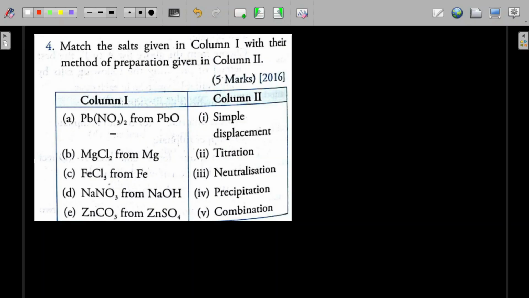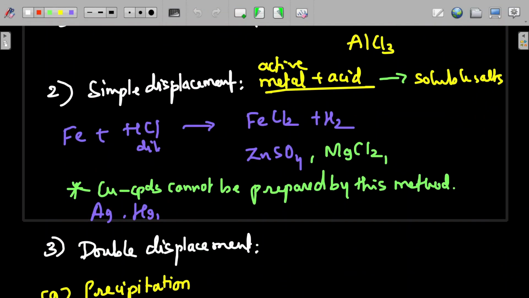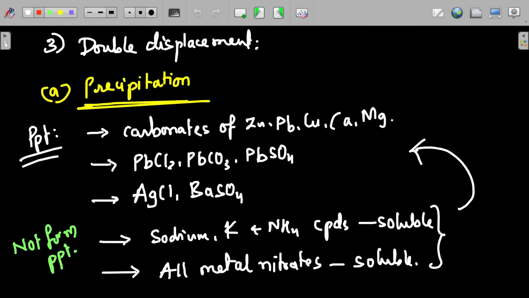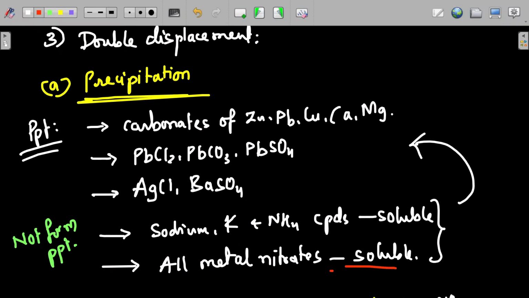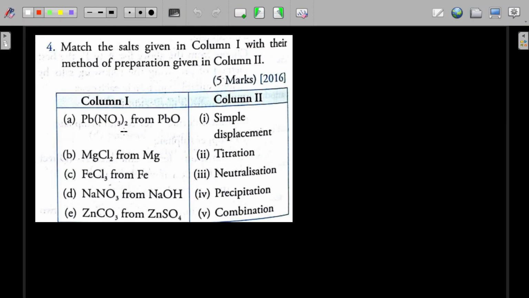See, first of all, understand: lead nitrate will not form a precipitate. I told you to remember this so that you do not match it with precipitation. All metal nitrates are soluble, correct? Therefore it is not precipitation. PbO is a metallic oxide, and metallic oxides are bases. For base reactions we know neutralization or titration.